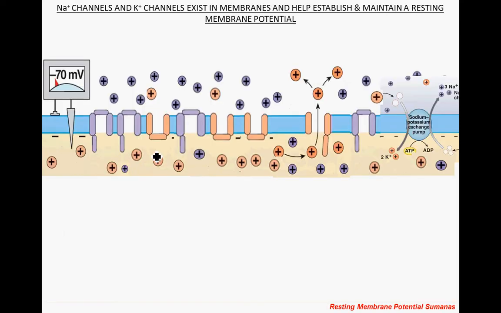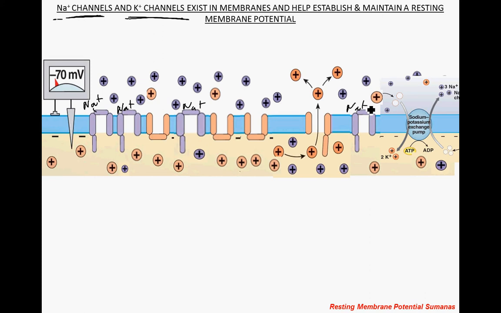In addition to that, the story gets a little more complex in that we have sodium channels and potassium channels. Sodium ion channels and potassium ion channels exist in the membrane and help to establish and maintain a resting membrane potential. In purple here, these are the sodium channels. This is a sodium channel, and this is a sodium channel, and this is a sodium channel.